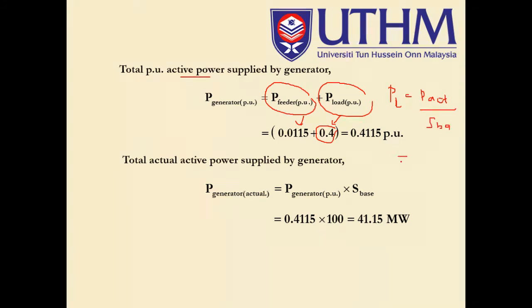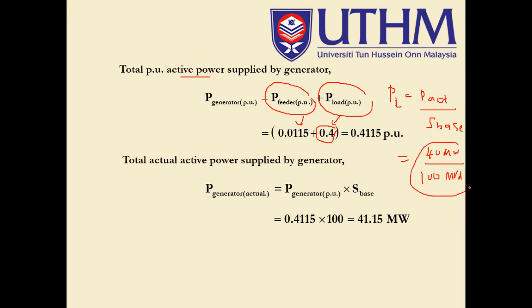The P actual just now is 40 megawatt, divided by S base, which is 100 MVA.